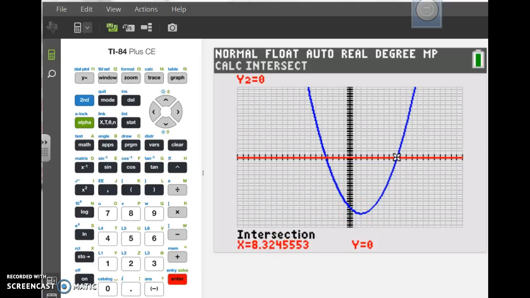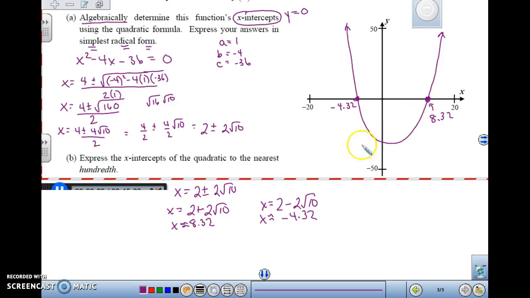So I verified that those are the correct values. So this is negative 4.32 and this is 8.32. Those are the rounded approximate values. The actual values, this one would be 2 minus 2 radical 10, and this one would be 2 plus 2 radical 10.